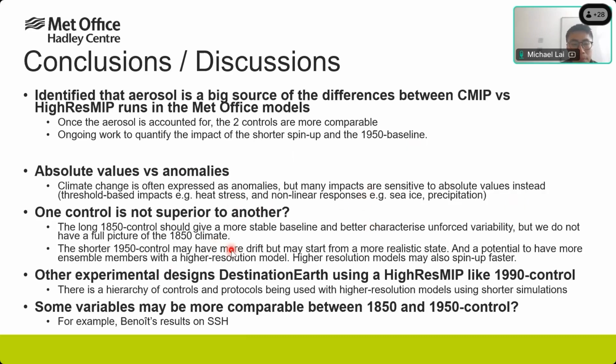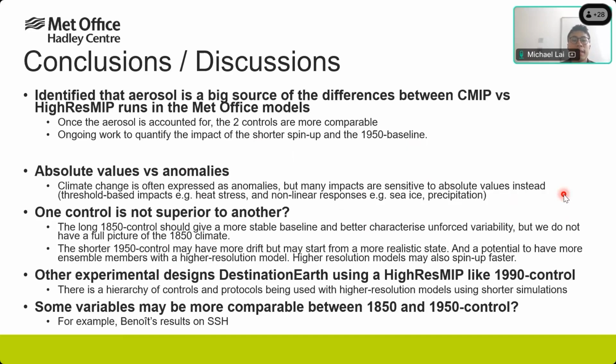And the second point is about the controls. It seems that as models move towards higher resolution, they're more tending towards the HighResMIP-like control simulations. How should we think about this going forward?